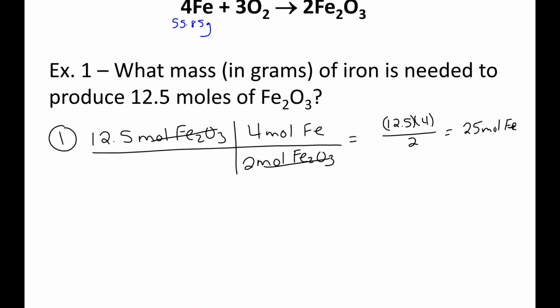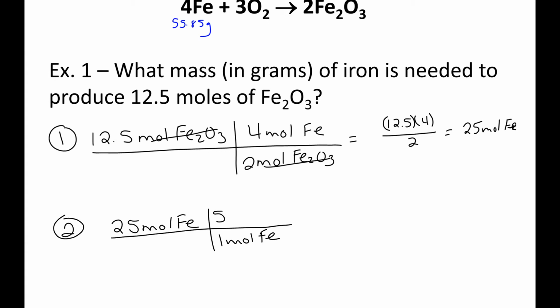Okay, so now we're going to do the second step, which is you're going to take that 25 moles of Fe and convert it to grams by multiplying by molar mass. That means the 1 mole goes on bottom, and the 55.85 grams goes on top.